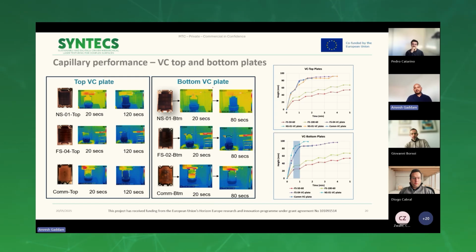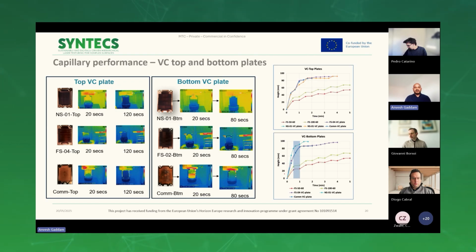What we understand from this use case is that both femtosecond and nanosecond laser textured plates perform akin to the commercial wick plates. When we tested the vapor chamber bottom plates, we understood that we can achieve more than 30% reduction in the capillary rise time.